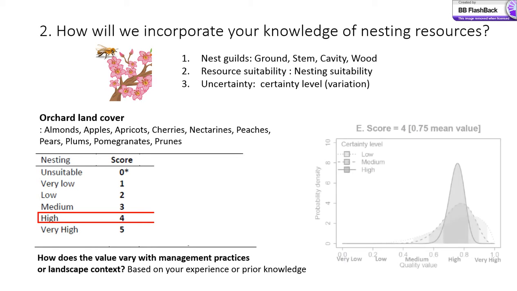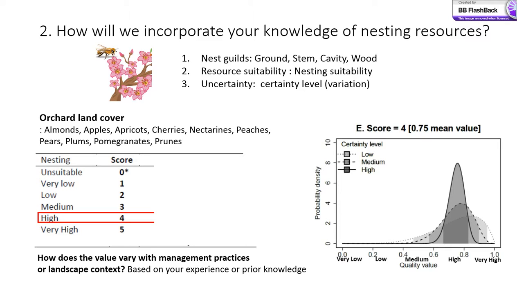Score number 4 means high resource quality, which is indicated here. So we provide you three different certainty level options. All certainty levels have the same mean value, but the variation is different.